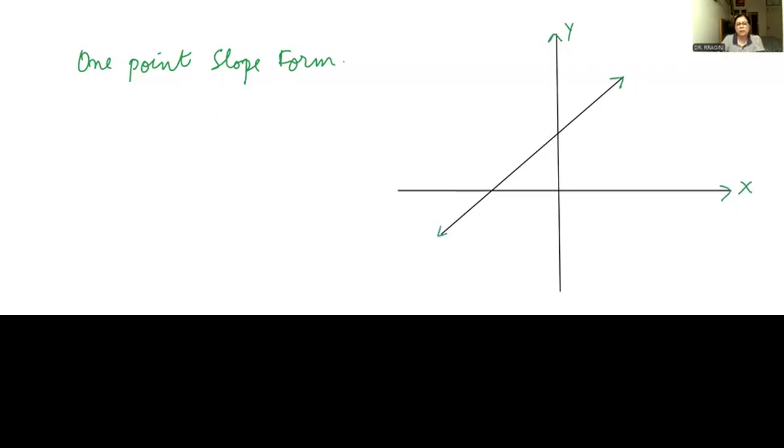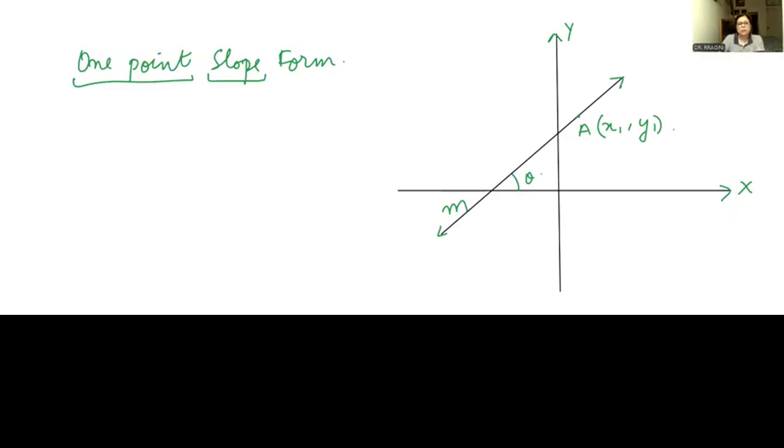One point. That means in this format, one point on the line will be given to us. Let's say it is A, and the coordinates are x1, y1. The next thing is slope. Slope means either m is given to us directly, or theta is given, and then we can find m from theta.